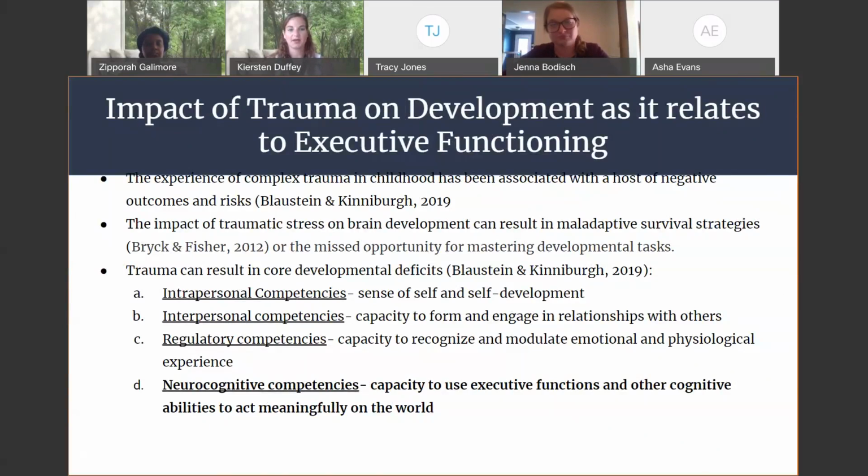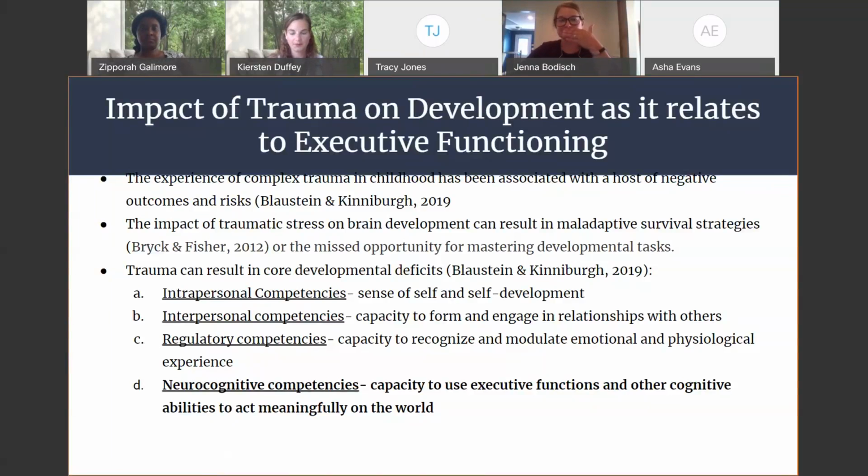And this is backed by a lot of research and findings which associate complex trauma in childhood with negative outcomes and risks. And a brain stressed by trauma may also miss opportunities or be unable to master developmental tasks, which can result in core developmental deficits. And this includes not adequately developing neurocognitive competencies, which are responsible for building executive functioning skills.